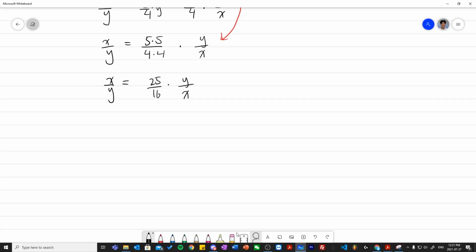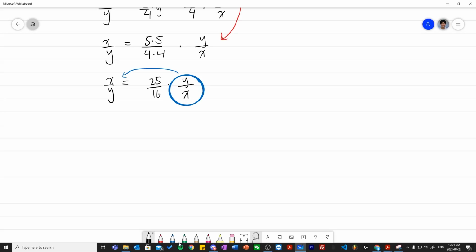I'm so sorry, I didn't hear you. You can bring the y over x to the other side. Yeah, definitely. So what I can actually do right here is multiply x on both sides and divide by y on both sides. So basically removing this all the way over here.